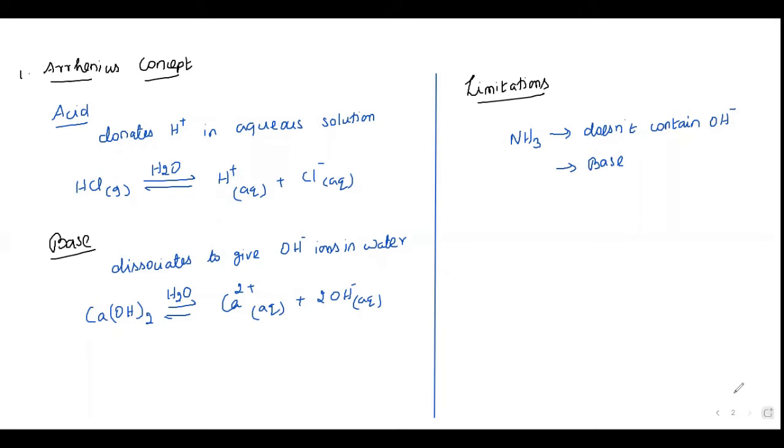Okay. So to overcome the limitations of the Arrhenius concept, the next scientist, second concept, the Lowry-Bronsted theory. Simply, they call it the proton theory. To overcome the limitations of the Arrhenius concept, the next concept was introduced.